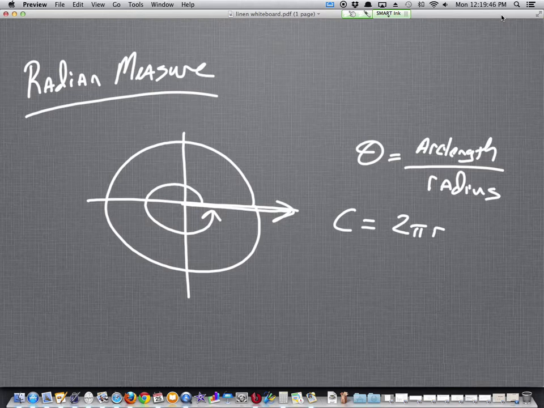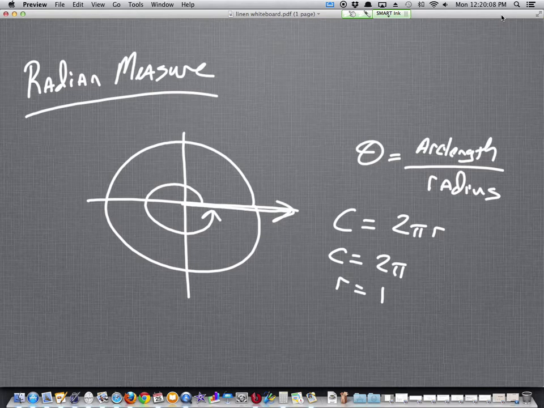So let's say my radius is 1. When I plug 1 in there, that makes my circumference equal to 2 pi. What's another word I can use instead of circumference? Arc length. So my arc length is 2 pi, and my radius is 1.